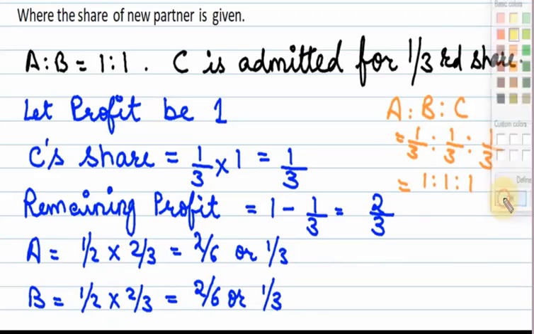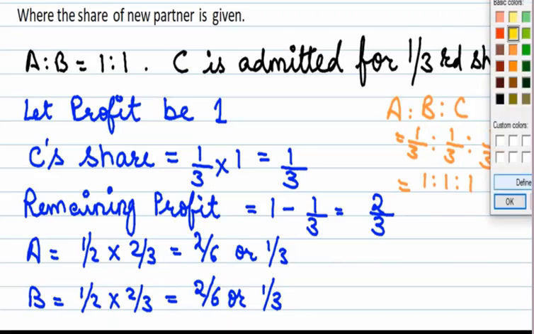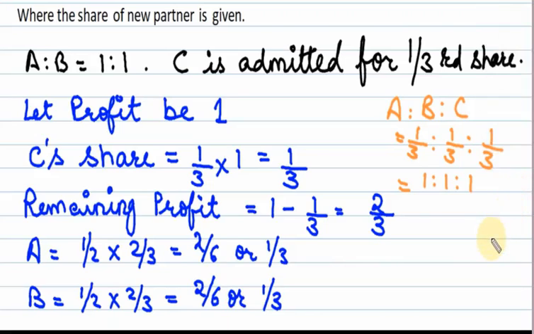Now let me explain it again. Here we are given that the old profit sharing ratio was equal, that means A and B were equal partners, and C has been admitted for 1/3 of the share in profit. So for this, at first we will assume the total profit to be 1 and then we will find the share of the new partner.